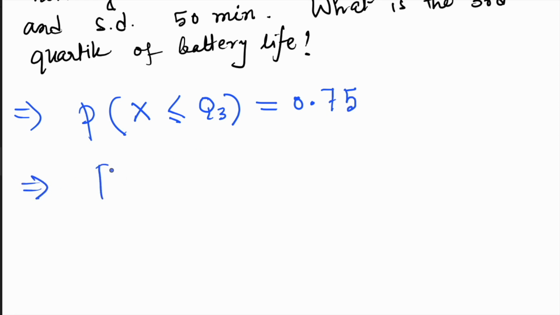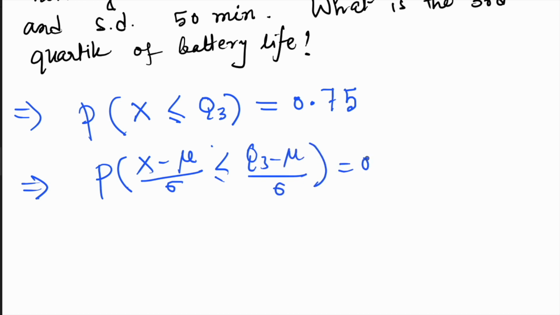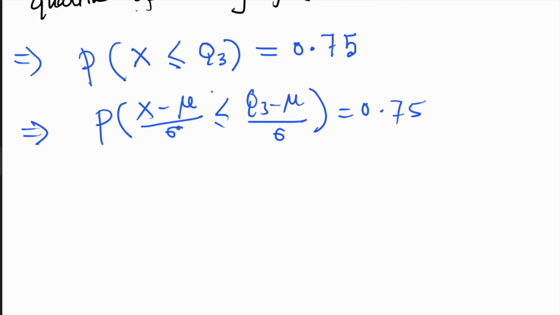So that means x minus mu by sigma less than or equal to Q3 minus mu by sigma should be 0.75. So we know that this variable becomes standard normal distribution.